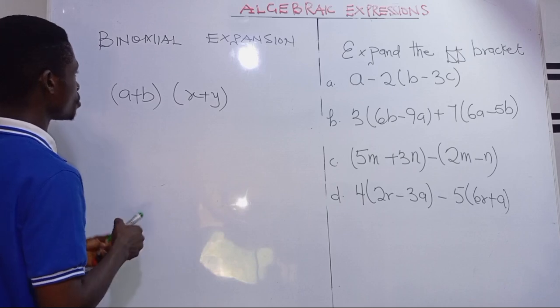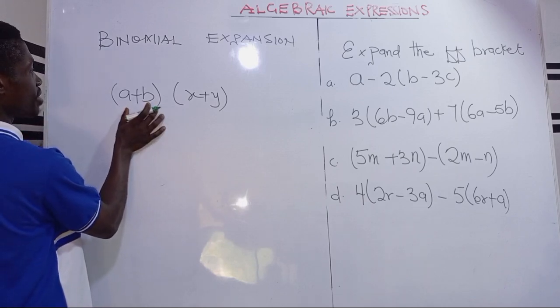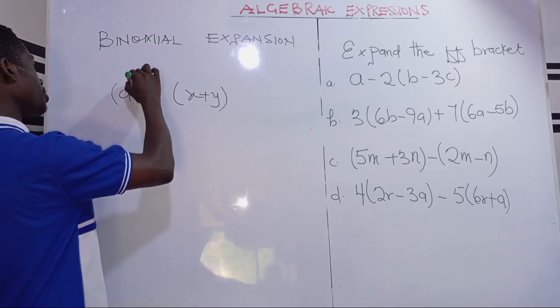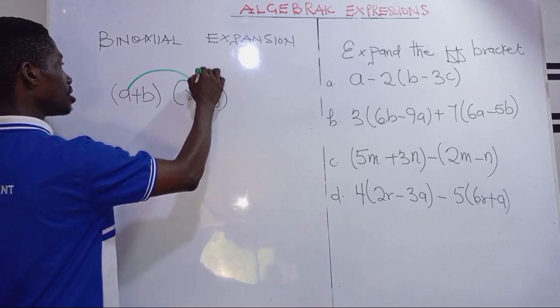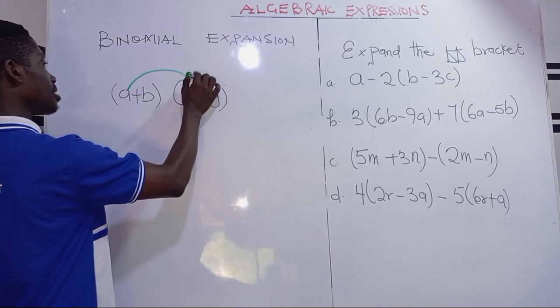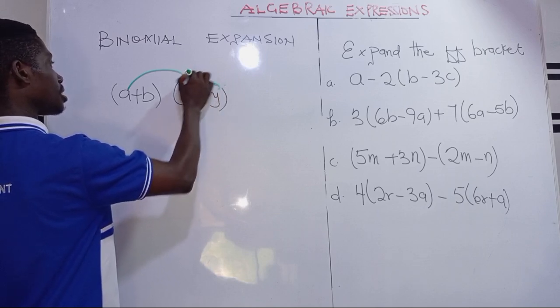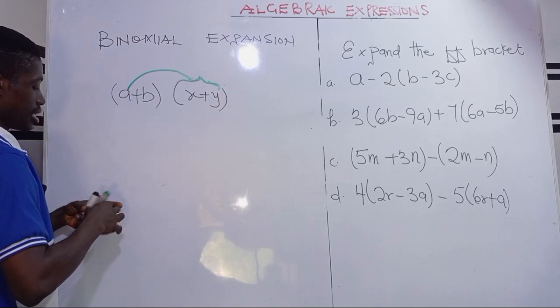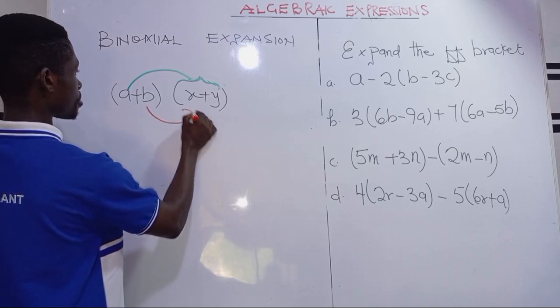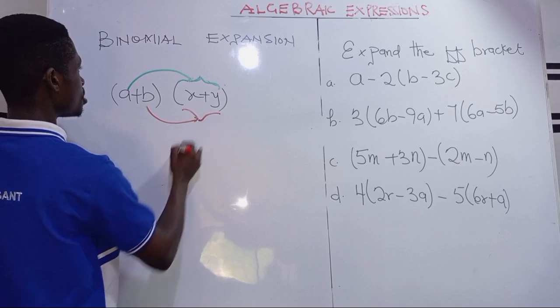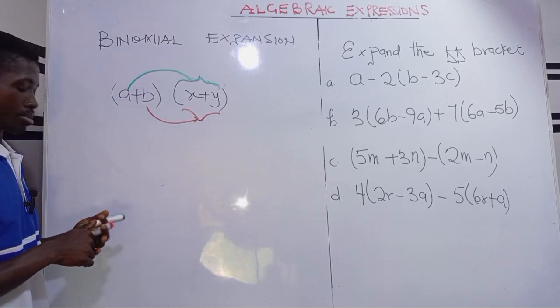We are going to break the first bracket down and then we are going to use each term within the first bracket to multiply the second bracket. Then we use the other term to multiply the whole of the second bracket.